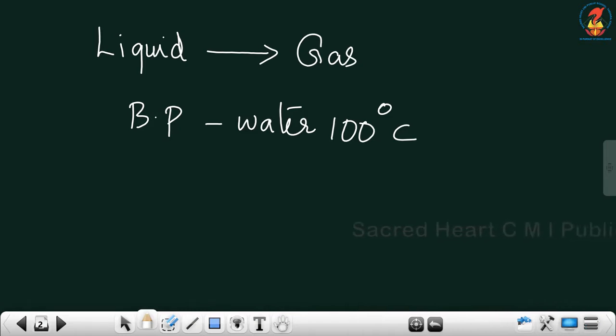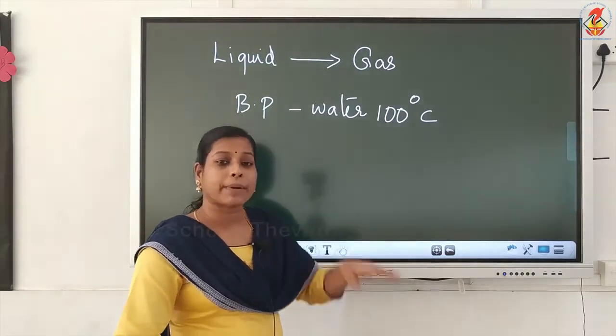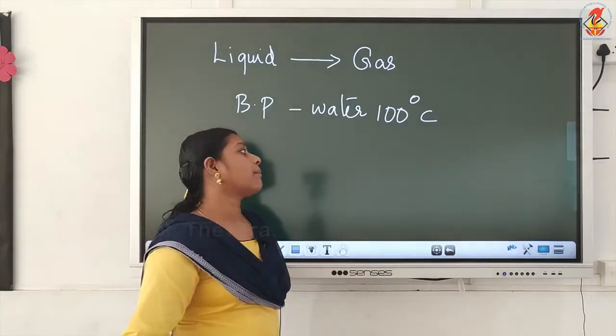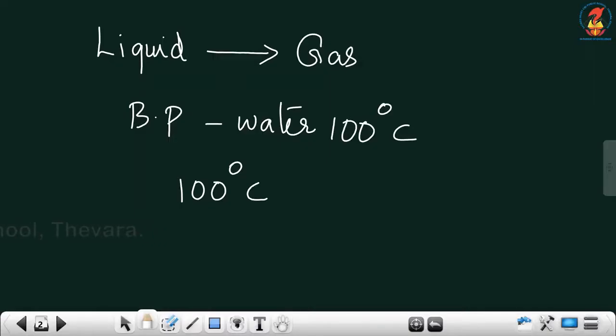After reaching 100 degrees Celsius, that water will slowly convert into water vapor. And during that time, the temperature will remain constant. For a particular time period, the temperature reading will be the same, showing 100 degrees Celsius during that complete time period.